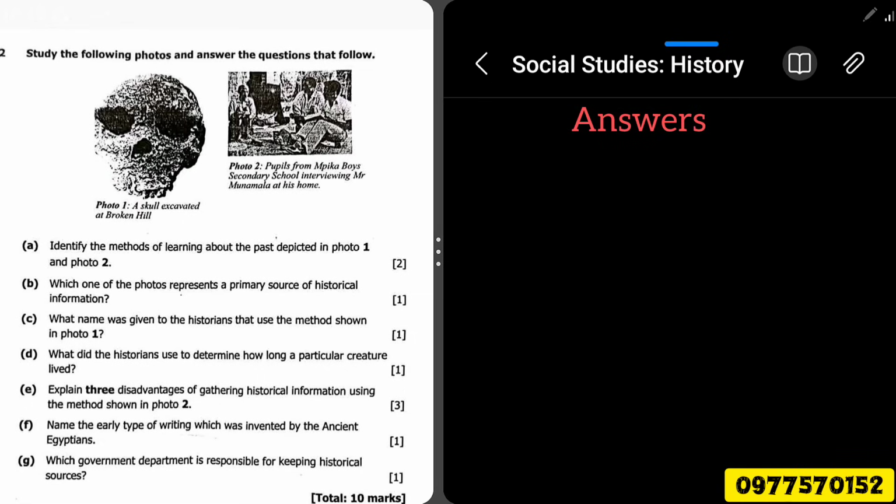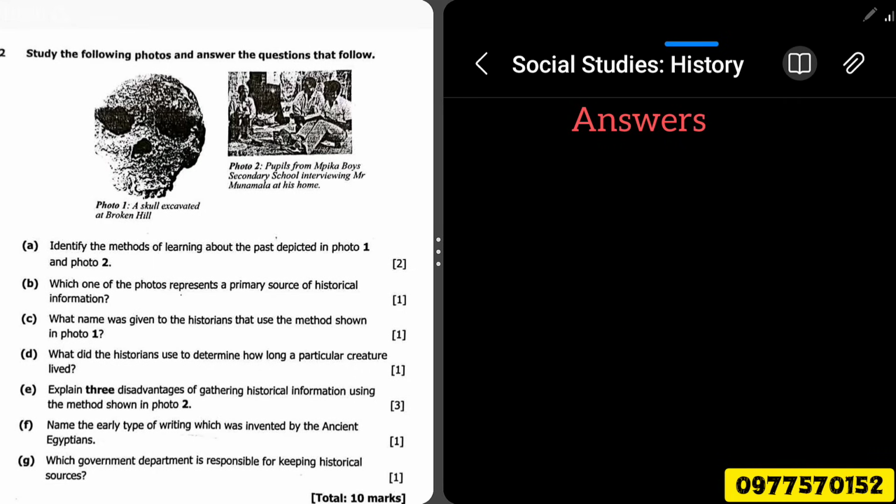You can get any 3 on this question. Name the early type of writing which was invented by the ancient Egyptians. It was known as hieroglyphic writings, hieroglyphics.